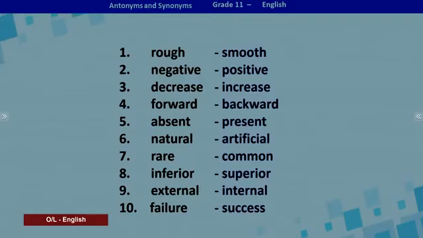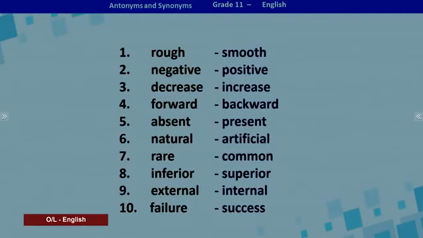We can decorate things or places using natural flowers as well as artificial flowers. So the opposite of natural is artificial. Next one, rare. Do you know the meaning of rare? If it is hard to find something, it is rare. If it is easy to find something, that is common. So the opposite of rare is common.